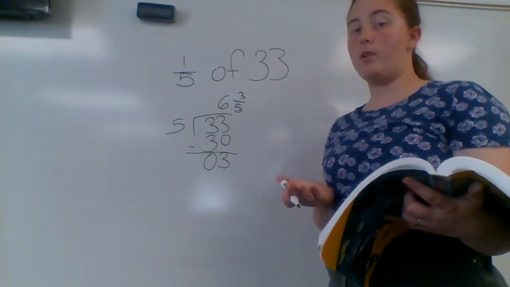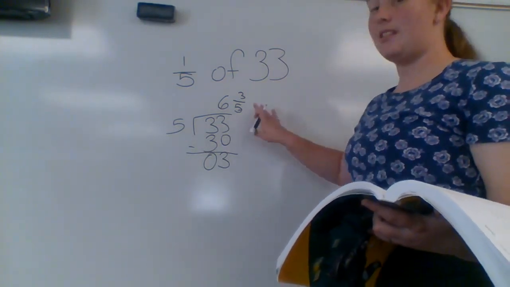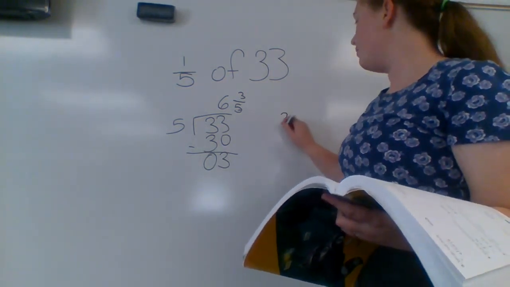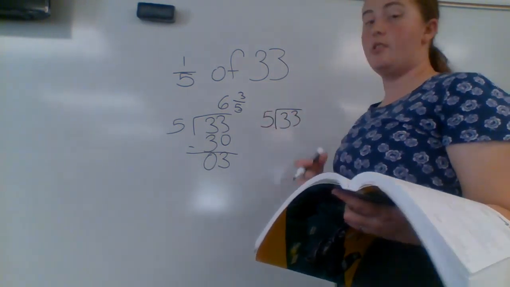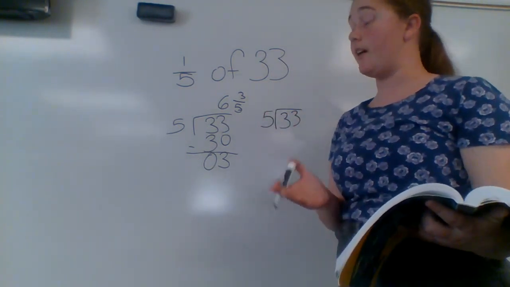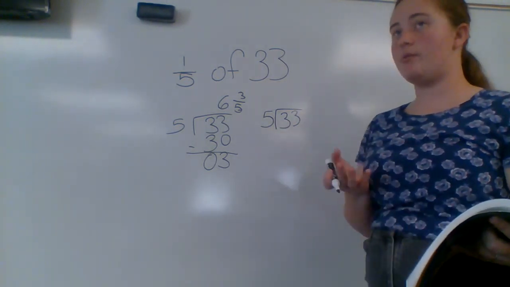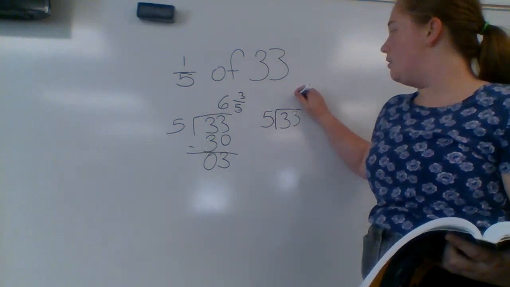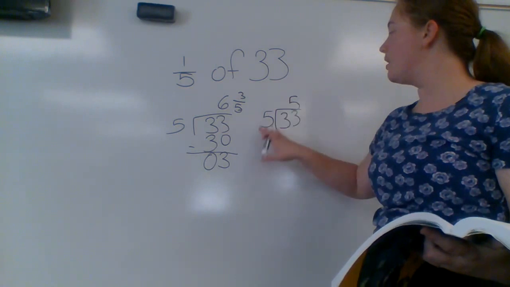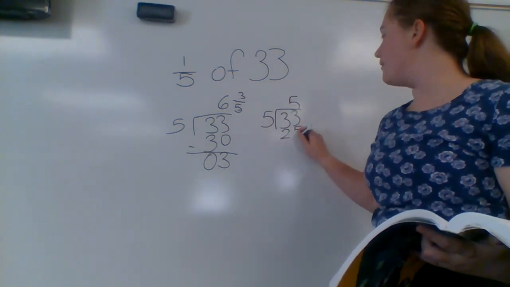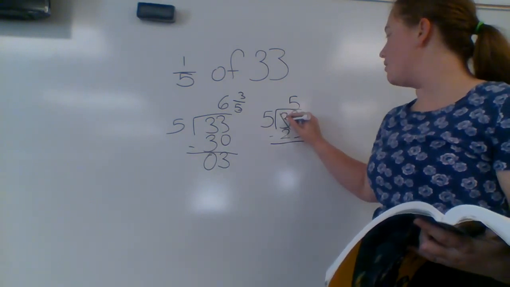Okay, so if we were to not check, let's say I was doing the same problem right here, 33 divided by 5. If I were to make a mistake when I was dividing, and say 5 will go into 33 5 times, maybe, if you're making a mistake. And 5 times 5 is 25. 3 minus 5, well, we can't do that, so we'll borrow.